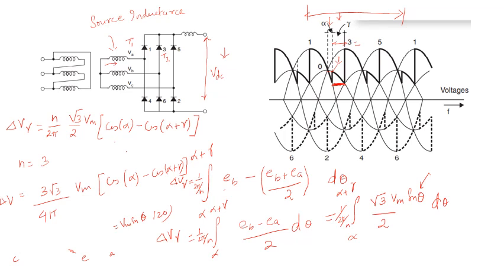Okay, so this is the delta V, that is the overlapping period, the overlapping voltage that is going to affect your VDC.